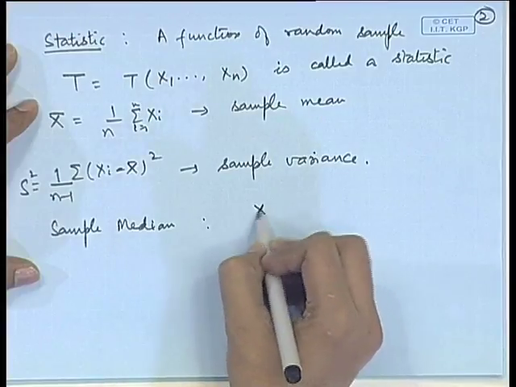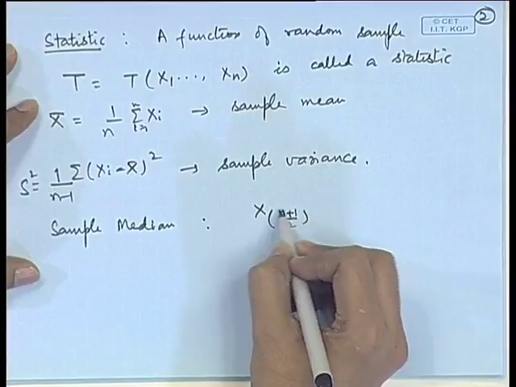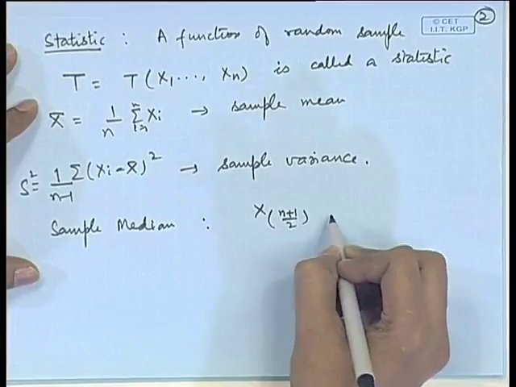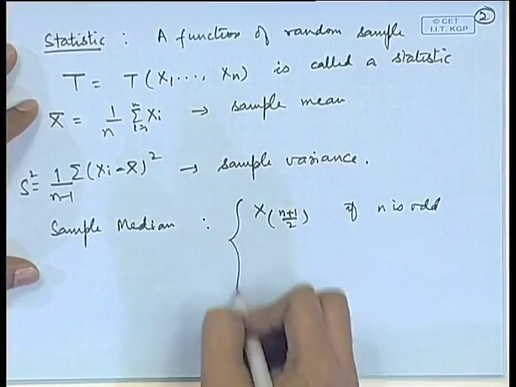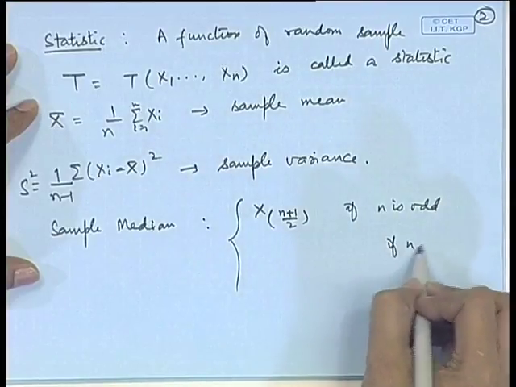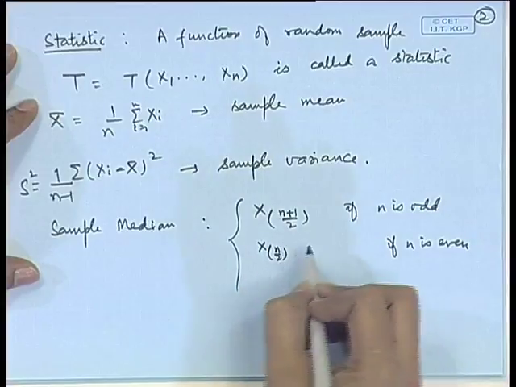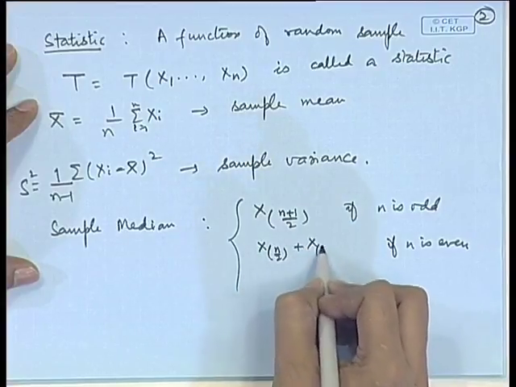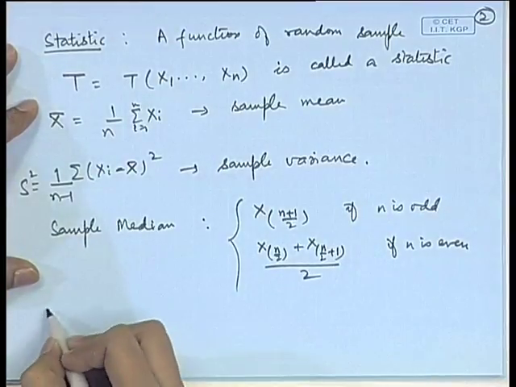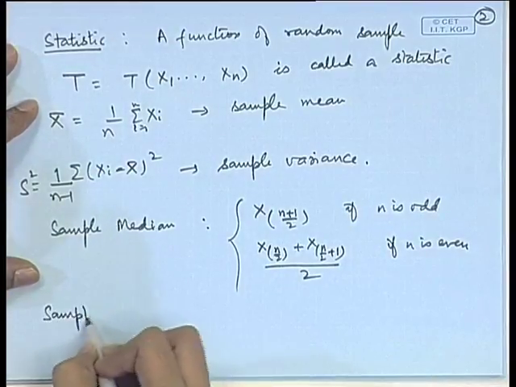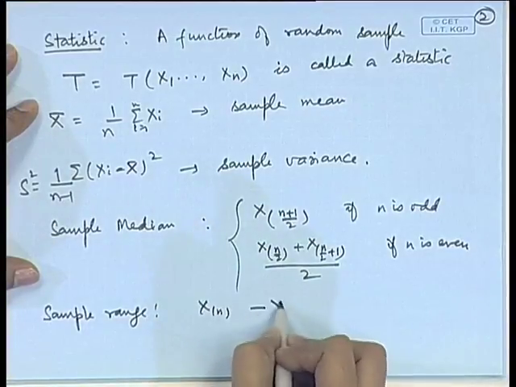The sample median we may define to be X of (n plus 1) by 2, that is the (n plus 1) by 2th order statistic if n is odd, that means the middle order statistic, or if n is even, then we may take the mean of the middle two, that is X of n by 2 plus X of (n by 2 plus 1), divided by 2. We may consider the sample range, that is the difference between the largest and the smallest.